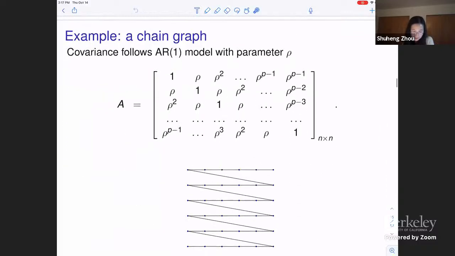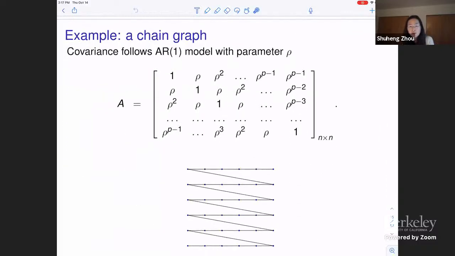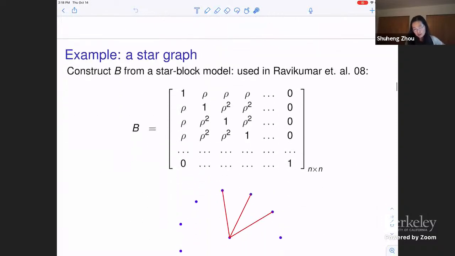So here is a typical AR model in time series, which shows every node connects to just two other nodes, so it depends on the recent past, and you can forget about everything that happened before. Clearly, the order of the sparsity is O(n) rather than O(n squared) in this example.